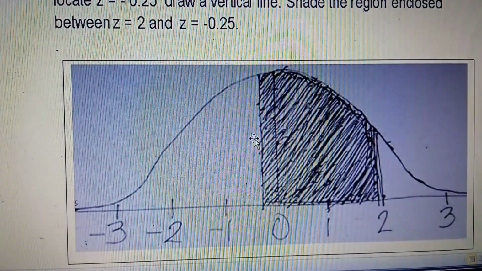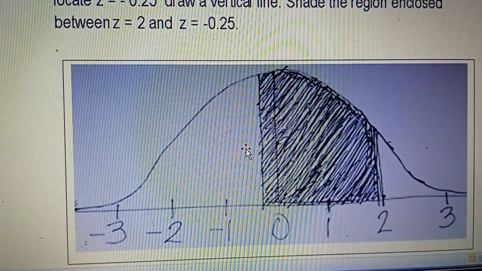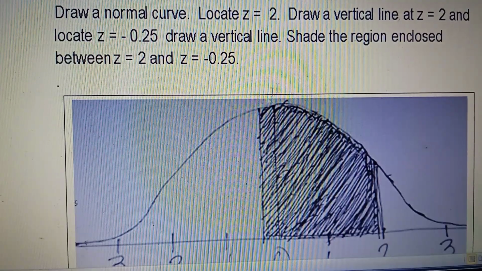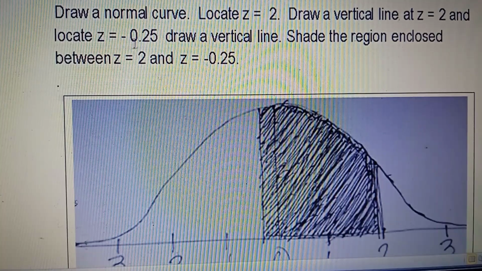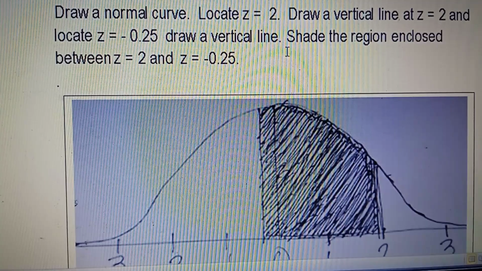In the normal curve, we draw the normal curve, we draw a vertical line at z equals 2, and locate z equals -0.25, and draw also a vertical line.